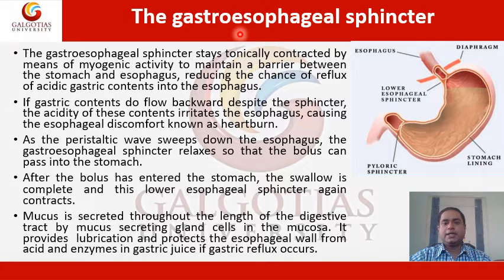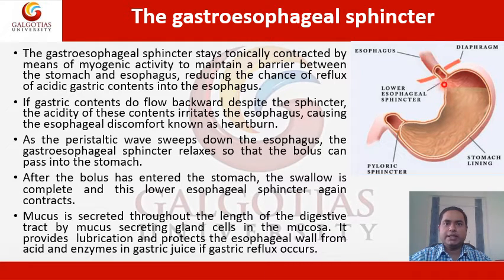Now we will learn about the gastroesophageal sphincter. The gastroesophageal sphincter stays tonically contracted by means of myogenic activity to maintain a barrier between the stomach and the esophagus, reducing the chance of reflux of acidic content created by the gastric juices into the esophagus.